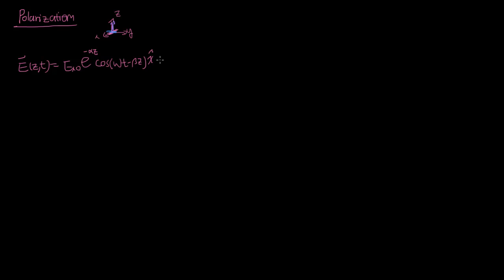Now let's just say that it also has this other component that's in the y direction, along the y-axis, also e to the minus alpha z cosine omega t minus beta z, so also propagating in the positive z direction, but it has some kind of phase offset from the x-axis polarized electric field. So you have this propagating field in the x direction, you have a similar sinusoid in the y direction. The key thing is that they're not necessarily in phase, so there's this extra phi term here.